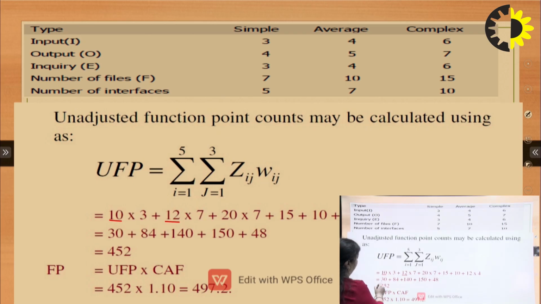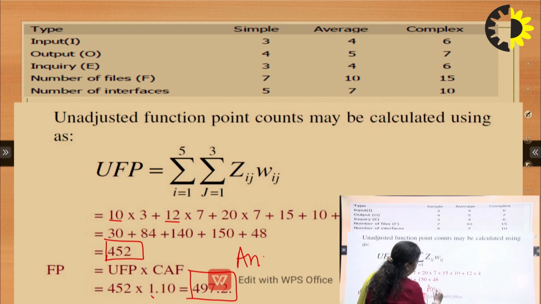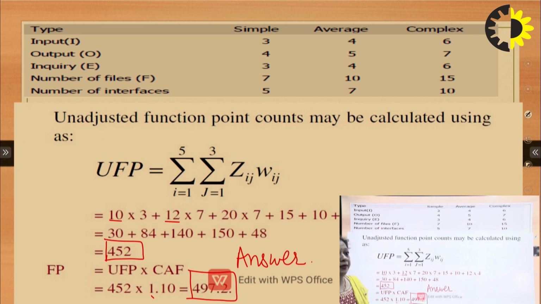So I have calculated my UFP as 452. CAF was already given to me in the question, that is 1.10. I have just multiplied them and I have got the answer as 497.2. So this is my final answer, that is my FP. So this is how we have to apply this concept.